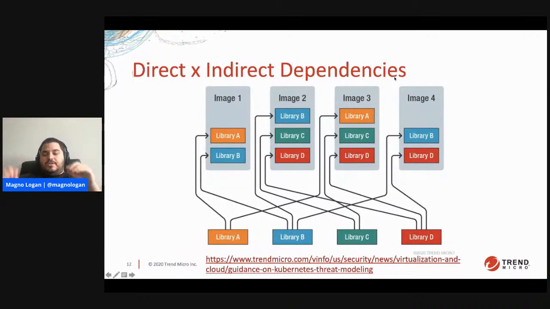And there is another issue, which I think was mentioned earlier in this conference as well. You have the direct dependencies, which are the libraries that you import right in your code. But there are also indirect or transitive dependencies, and that's an even bigger problem. I have a library that imports another third-party library, and that imported library is the one that's vulnerable or outdated.